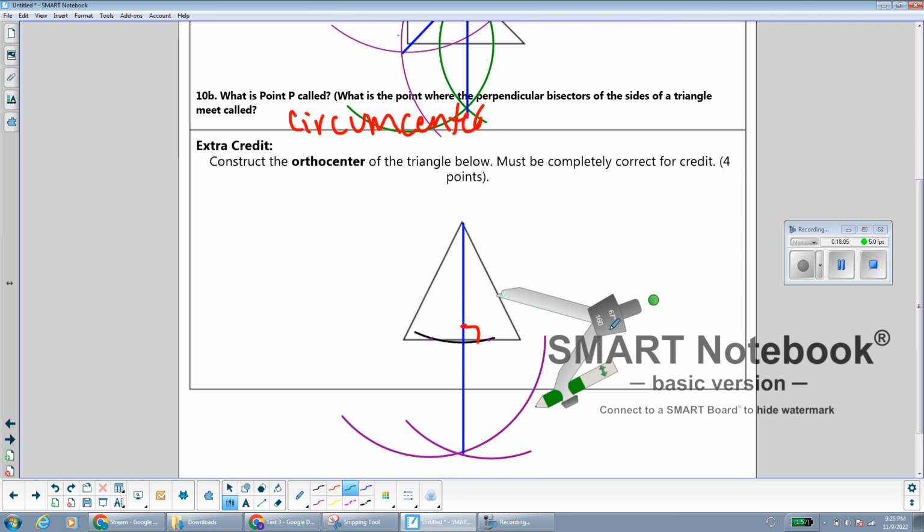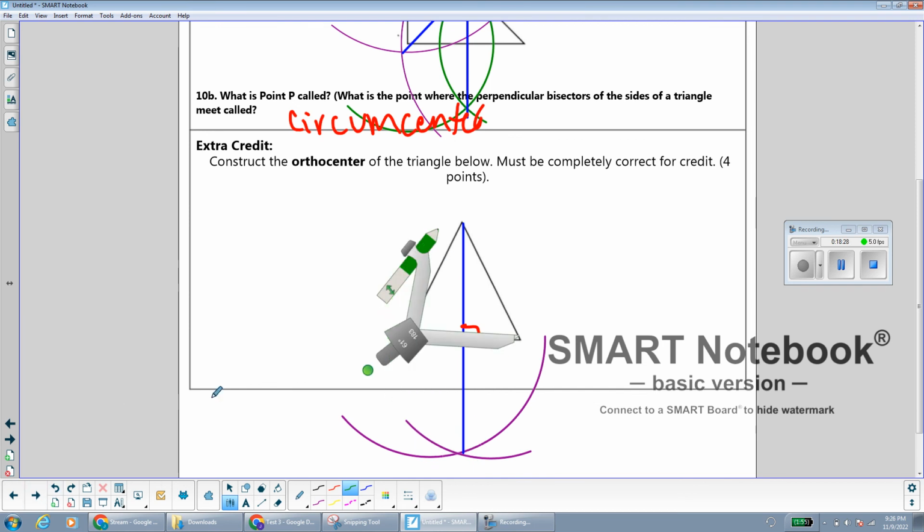So that means our compass point needs to be on the opposite vertex. So I'm going to make an arc. Once again, it doesn't matter the length of the arc. I think my arc needs to be a little bit bigger.